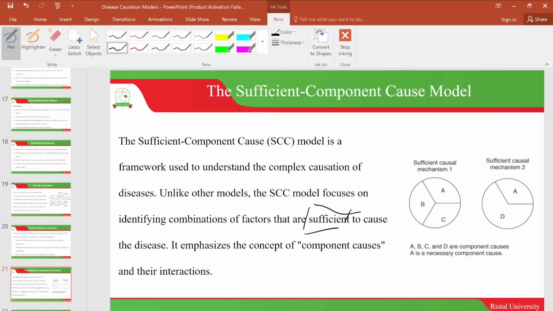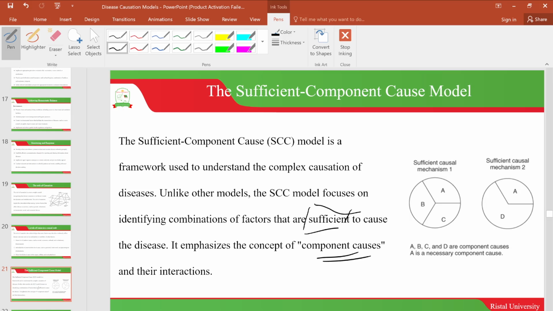So the major emphasis here is on what we call the component causes. Here you have different causes, A, B, C. These are the different causes. A disease can have multiple ways in which it can manifest, or multiple causal pathways.